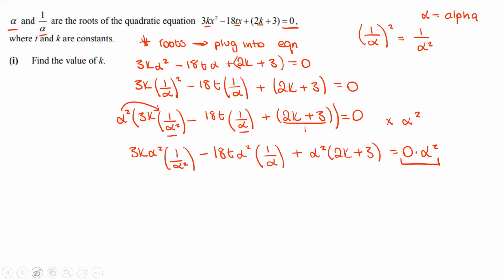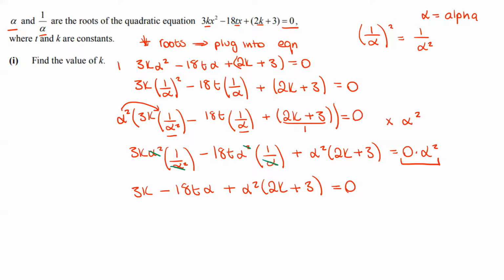Now if we look here, we can see that the alpha squared here cancels out this alpha squared. One of the alphas up here cancels out this alpha. So we're just going to be left with 3k minus 18t alpha plus alpha squared 2k plus 3. And we know that's equal to 0.